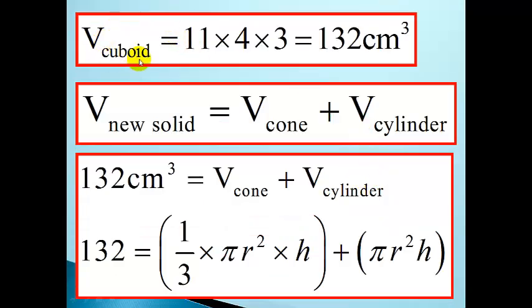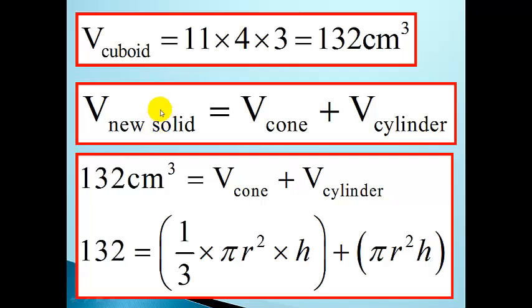Now, volume of the cuboid is equal to 11 times 4 times 3, and we had 132 centimeters cube. And we are saying that the volume of the new solid is equal to volume of the cone plus the volume of the cylinder. Assuming that all the molten metal was used to form the new solid, that means that none was wasted.